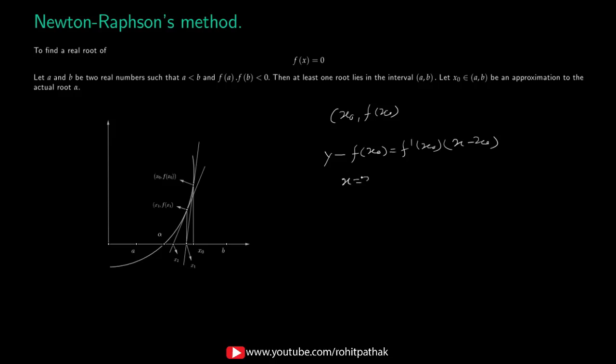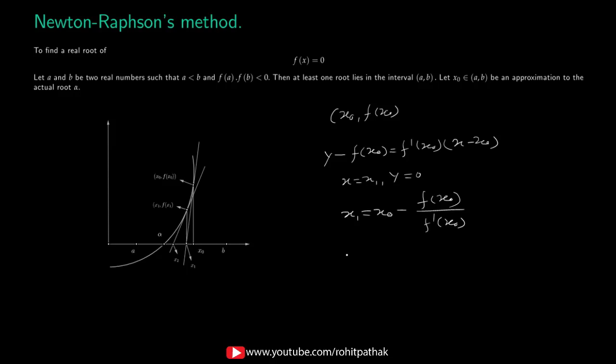So at x equal to x1, suppose y equal to 0, it cuts the x-axis at x equal to x1. So what is the value of x1? Put x equal to x1 and y equal to 0. So you get x1 as x0 minus f of x0 divided by f dash x0. So this is the point x1 where it cuts the x-axis. This is taken as the new approximation.